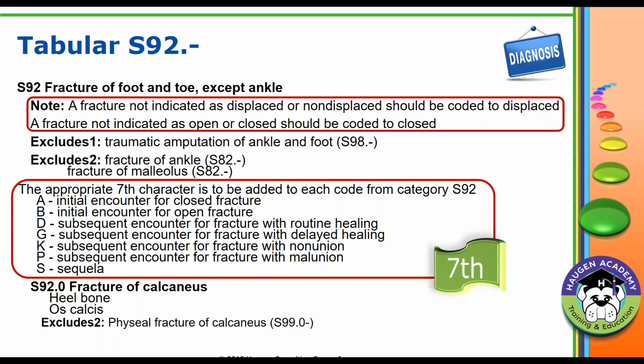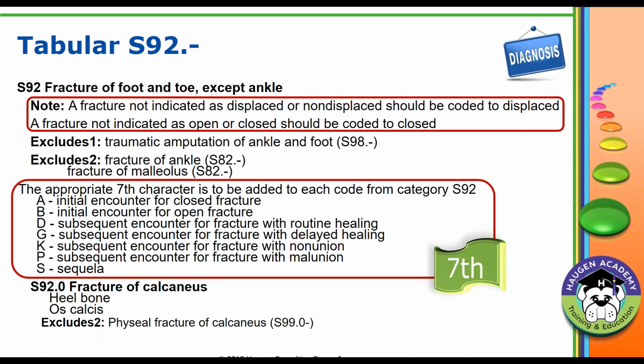Likewise, if it's not specified as open or closed, it should be coded as closed. Our fracture is displaced. We knew that based on the report. It's not stated as open or closed, so we're going to default to closed. And then we have our seventh characters. There are quite a few seventh characters here. You can see them all to choose from.